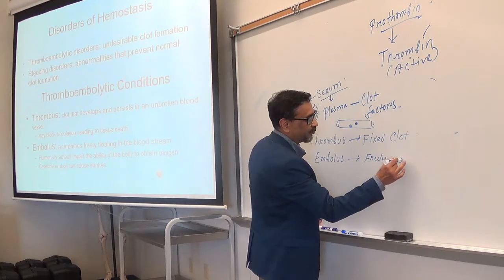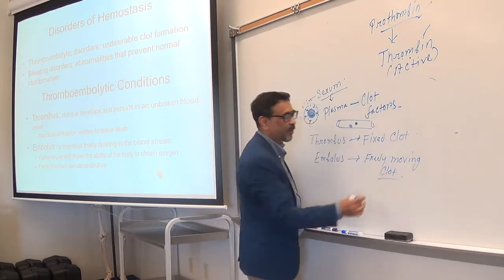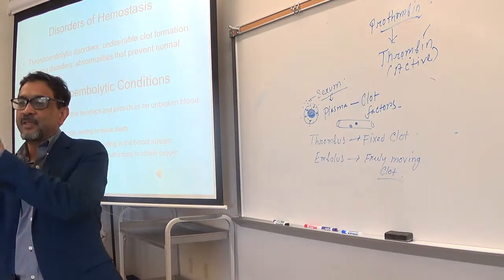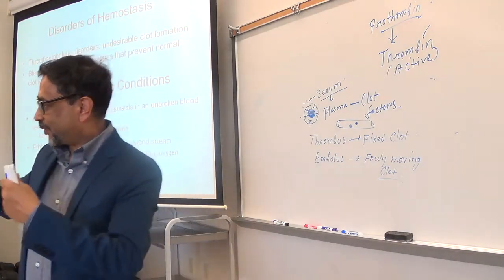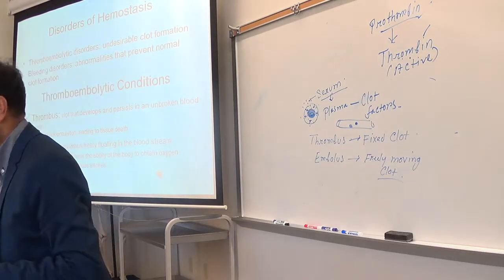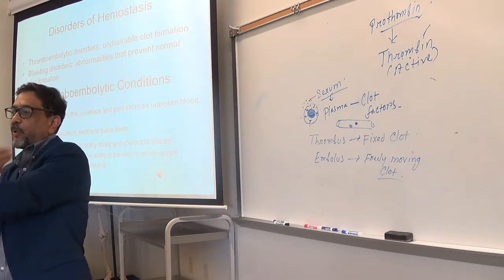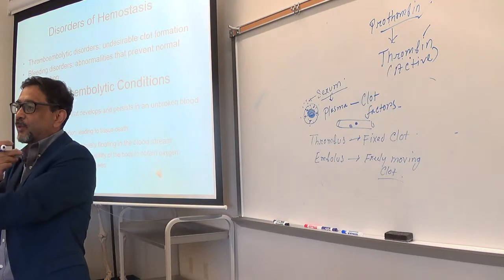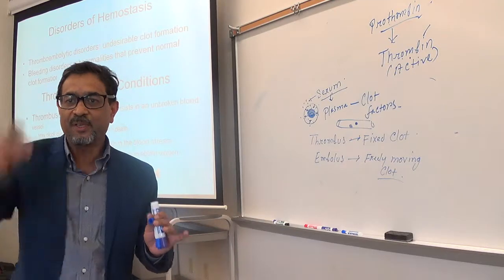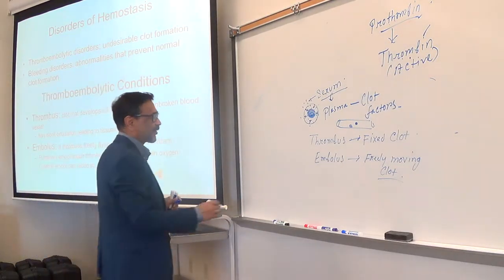If it is fixed, attached to the wall, that is called what? Thrombus. If it gets detached and circulates with your blood, that is called embolus. Make sense? Sometimes, if any air bubble is formed or goes from outside into the blood, that also moves. The bubble is also known as embolus. So any moving thing that can block the blood vessel could be termed as embolus.